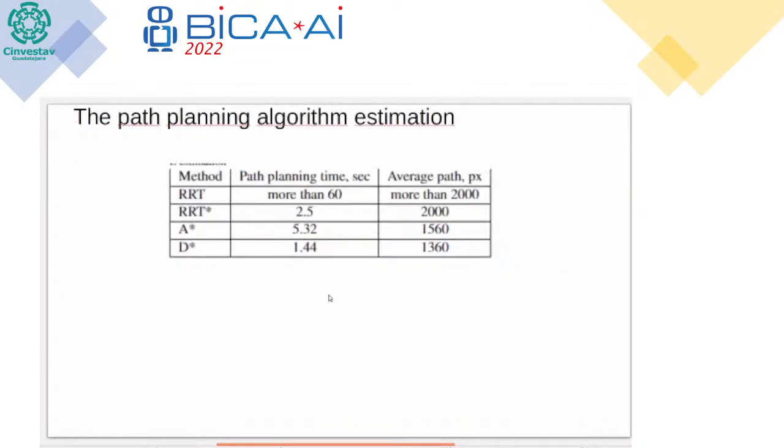Well, we researched these algorithms in terms of path planning time in the implemented environment and also in terms of length of path on average during the 100 emulations. And as you can see from this table, the most efficient algorithm in terms of these two criteria is D-star.